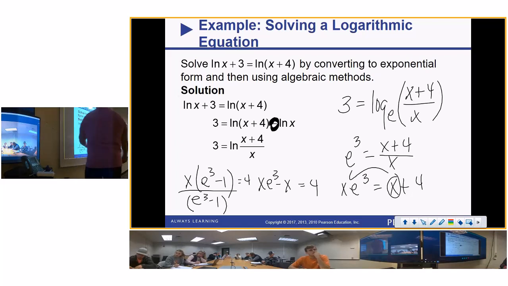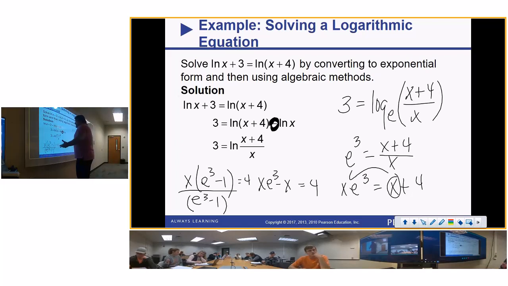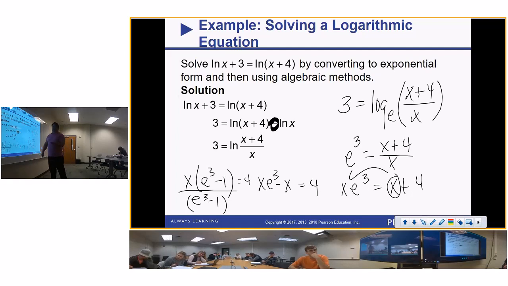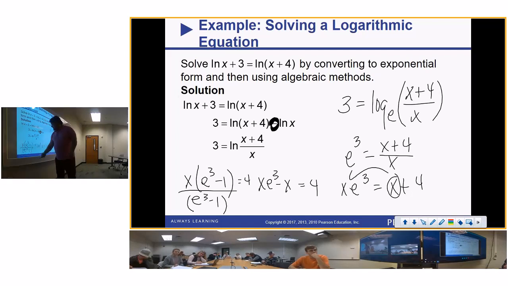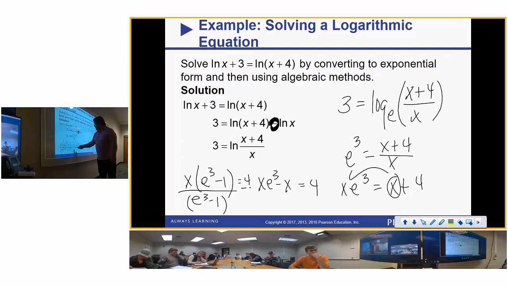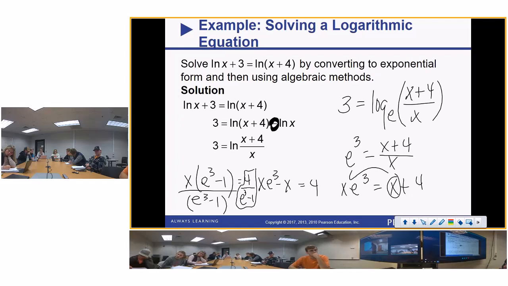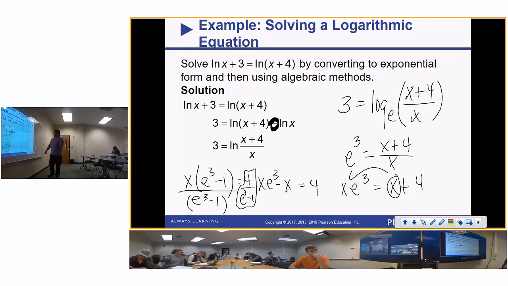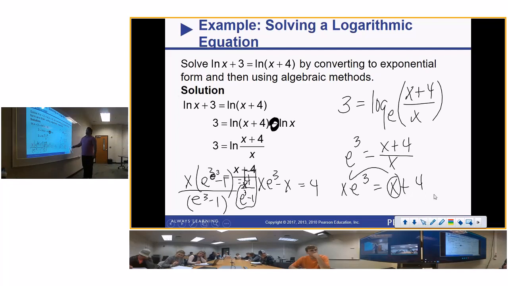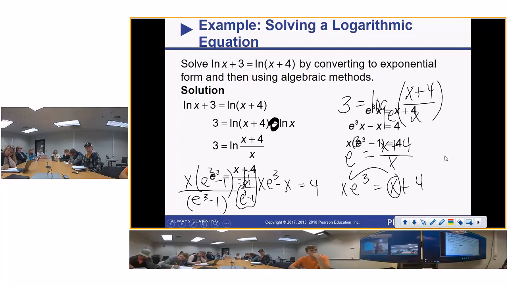What is e to the 3rd minus 1? It's a number, so don't stare at it. Just do it. And your answer is 4 divided by e to the third minus 1. Whatever it comes out to be. I don't know. Let's see what they got. They got 0.21.